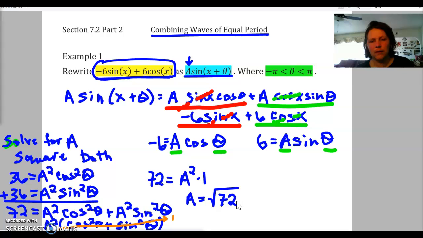Now we're always going to just work with the positives on this. We're not going to worry about saying a is plus or minus the square root of 72. We're just taking our positive square root of 72. Okay, so that's the first part. I'm going to erase some stuff here, so I'm going to pause the video for a second and I will be right back.